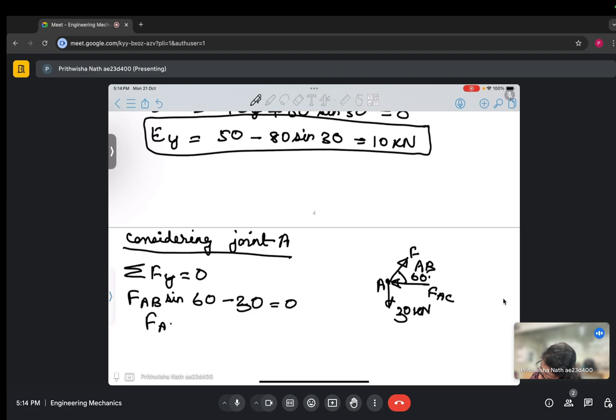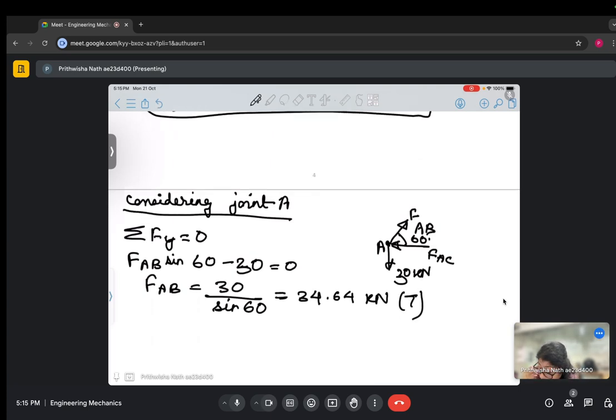So FAB equals 30 divided by sine 60. So that is 34.64 kilonewton, and this is positive, so it is tension.